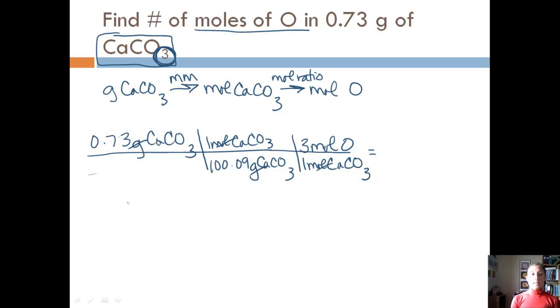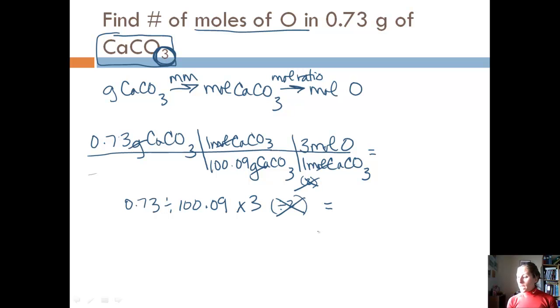And so if I put this into my calculator, I have 0.73 divided by 100.09 times 3. I'm not doing anything with the ones because they're not influencing, but if, let's say, the 1 was a 2, then I would have to divide by 2. So basically, I'm just kind of ignoring the ones, but if they're not ones, then you put them into your calculator. Okay. But it's not a 2, so let's get rid of that so it's not confusing.